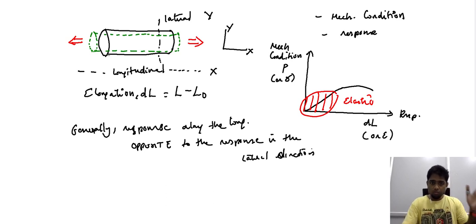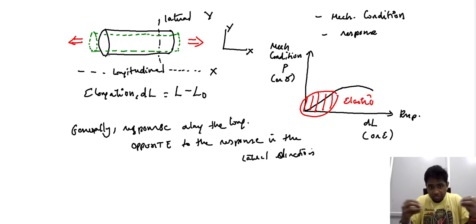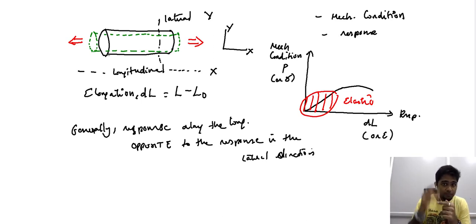There are two aspects we need to consider: in metals and alloys, a longitudinal change is accompanied by a lateral change. However, the way in which the longitudinal change occurs, in this case an expansion or increase in the longitudinal dimension, is opposite to what we observe in most cases in the lateral direction. That is, there will be a shrinkage, a decrease in the dimension along the lateral direction.